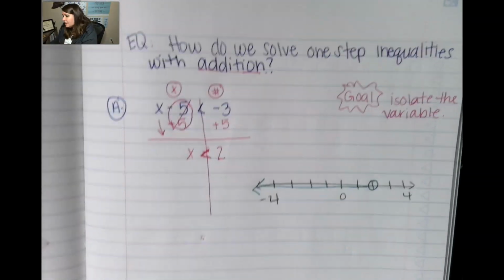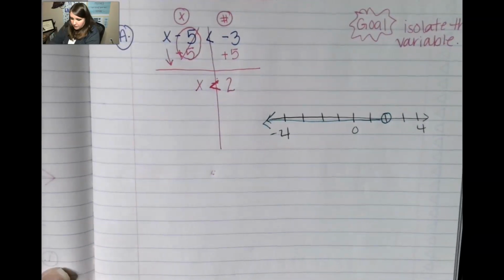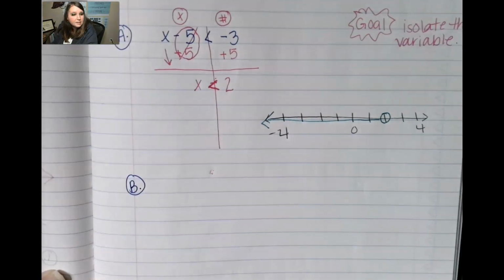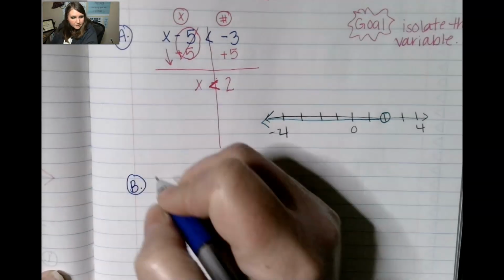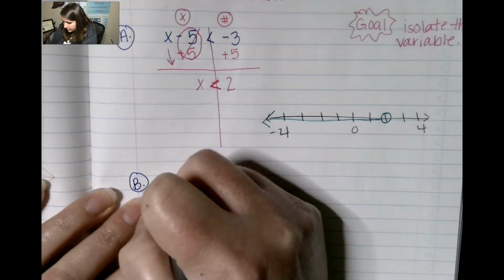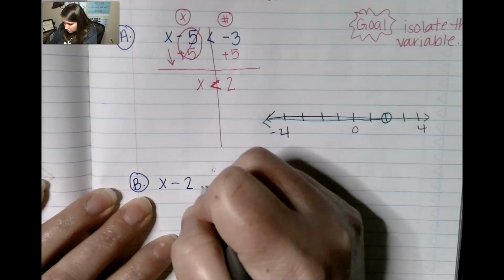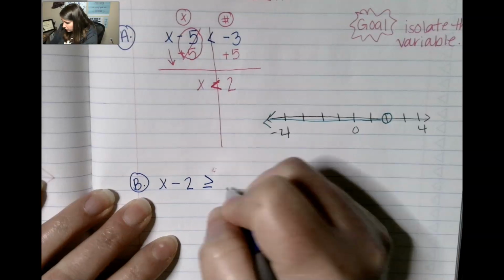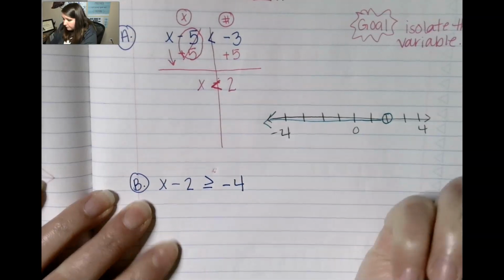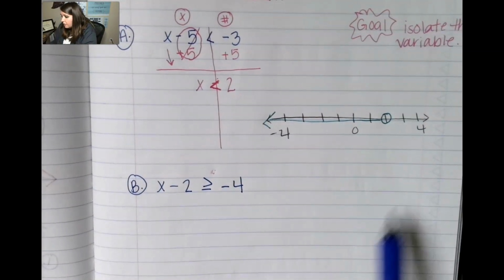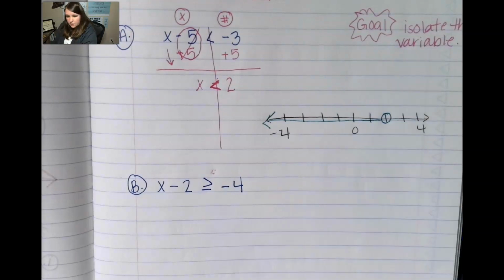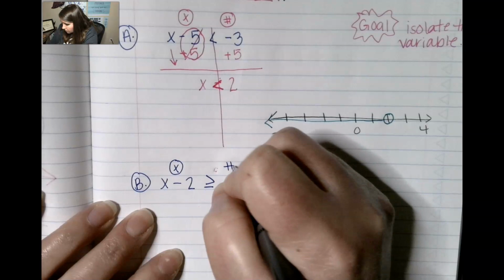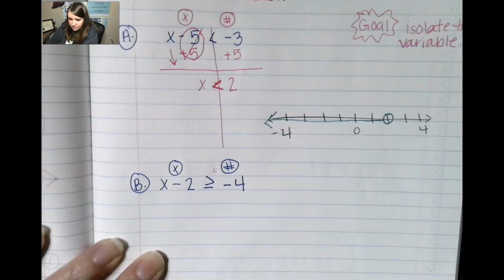Let's do another example. Example B: x minus 2 is greater than or equal to -4. Okay, so again, the goal is to isolate that variable. So we want x's on one side and we want numbers on the other.